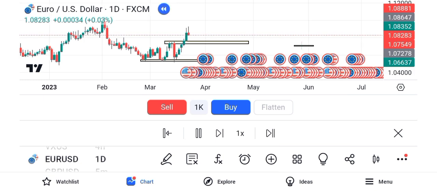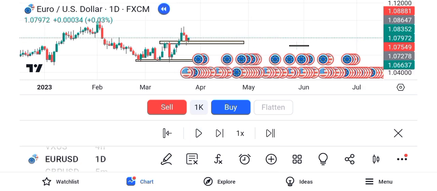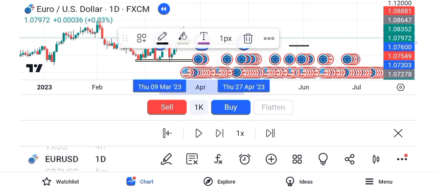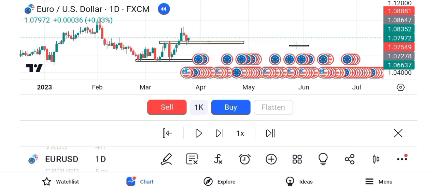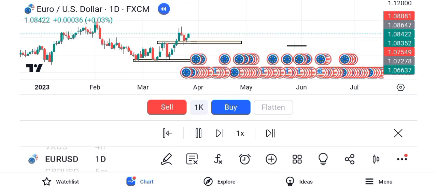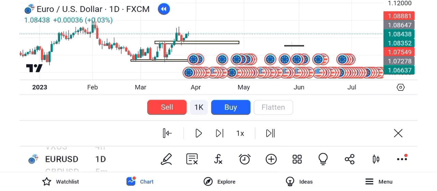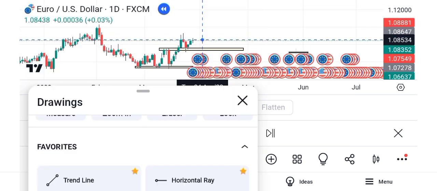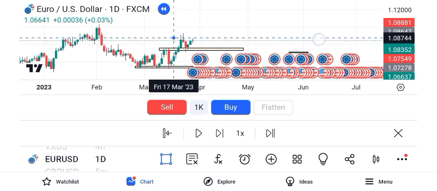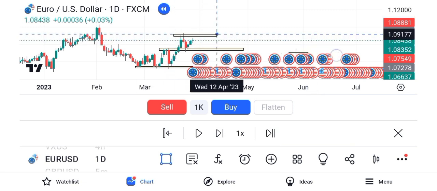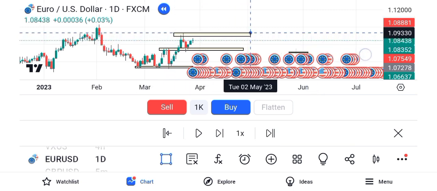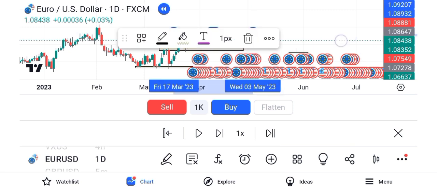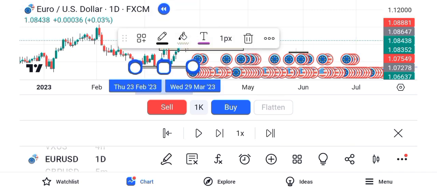Now I see price pushing upward. I see that price was interested in this key zone here, and you see now price is pushing upward. So now we have another swing point here. Notice that we have another swing point here. So we get rid of this one.